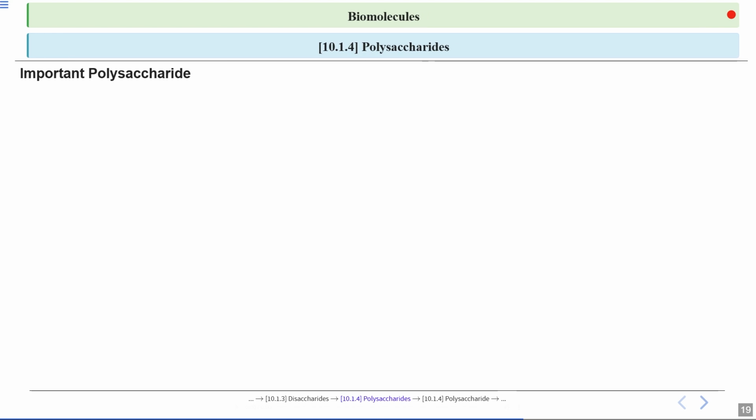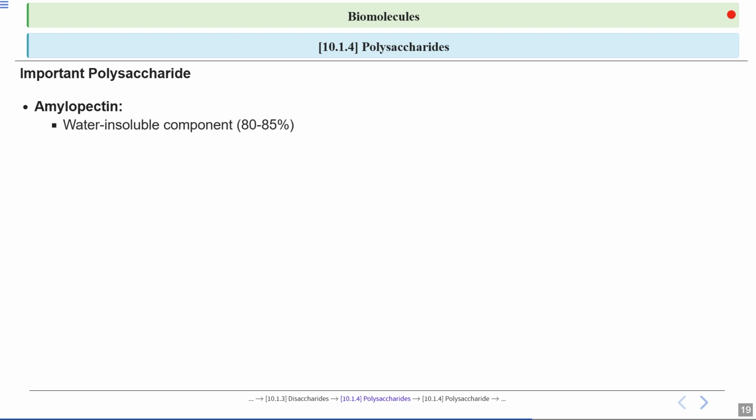Moving on forward, we will talk about amylopectin. Amylopectin is a large branched polysaccharide made up of glucose units, and it is the primary component of plant starch, forming its structure with chains linked by alpha 1,4 and alpha 1,6 glycosidic bonds.